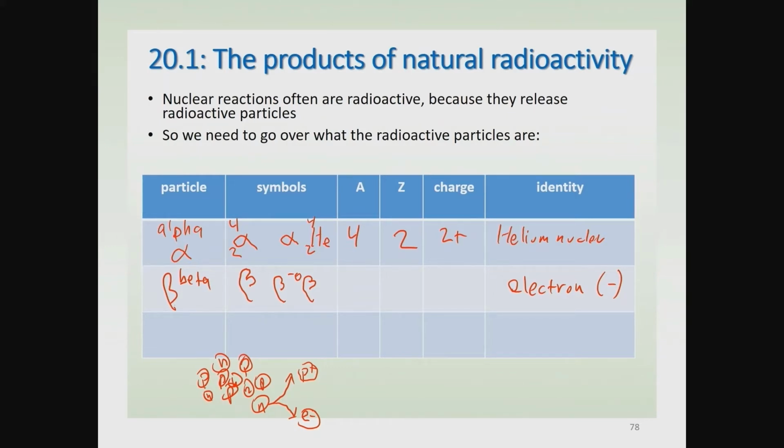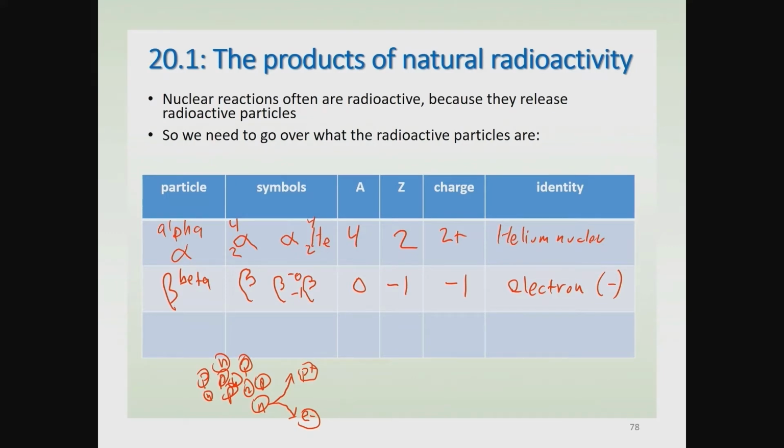When this electron is spat out, you're basically taking a neutron and turning it into a proton. And so you can think of this as having a -1 atomic number. That seems a little strange, but this will become clearer later when we do problems. So the mass number is 0. The atomic number, Z, is -1. This will become clear again when we're doing a problem. And the charge of the beta particle is negative. It's -1 because it is an electron.